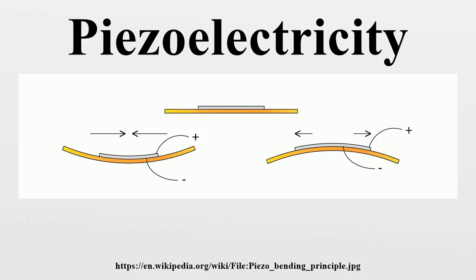The converse effect was mathematically deduced from fundamental thermodynamic principles by Gabriel Lippmann in 1881. The Curies immediately confirmed the existence of the converse effect, and went on to obtain quantitative proof of the complete reversibility of electro-elasto-mechanical deformations in piezoelectric crystals. For the next few decades, piezoelectricity remained something of a laboratory curiosity.